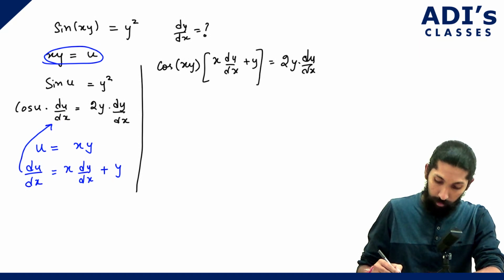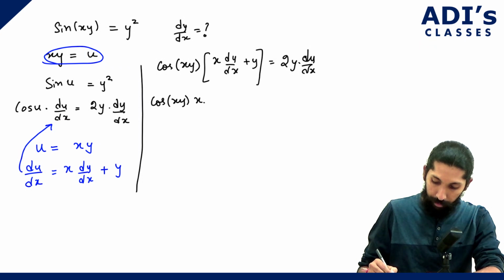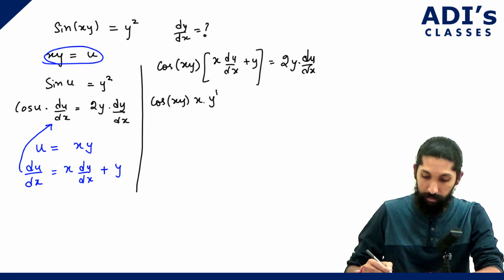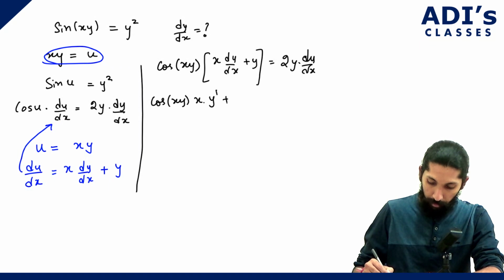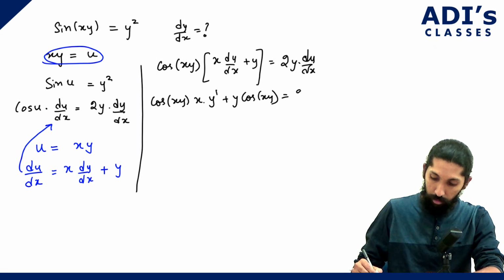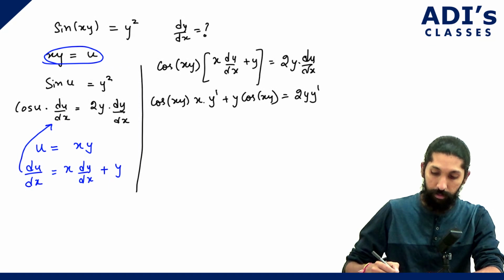Correct? So this you can also write it as cos of xy into x into y dash. Y dash is dy by dx, right? Plus y into cos of xy is equal to 2y into y dash.